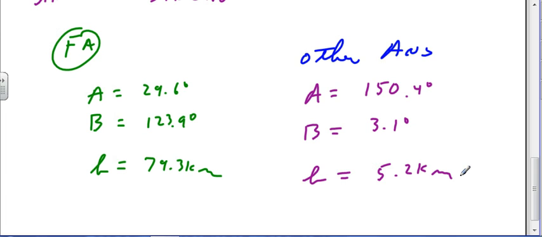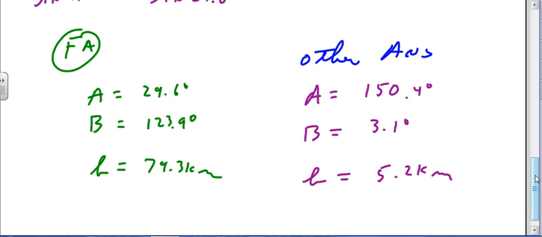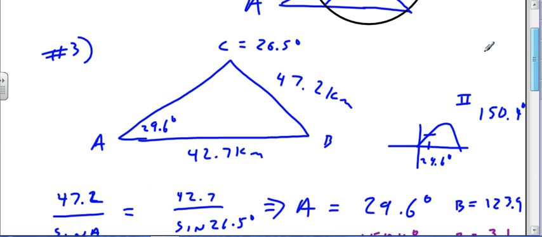I do have a question though. If the other answer, A was 150, the line would be a lot bigger. Yeah, it is. No, this guy here would be the same. He'd just be the biggest one.